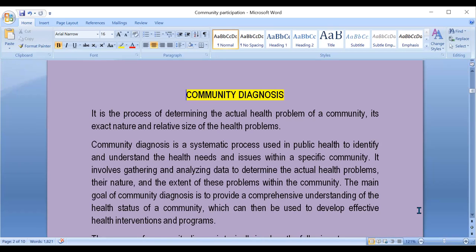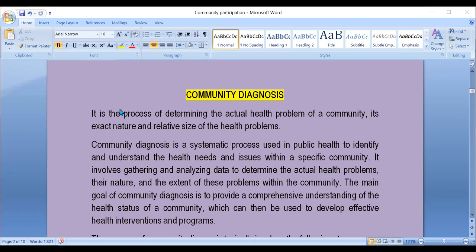It could be an infrastructural issue. It involves gathering and analyzing data to determine the actual health problems, the nature, and the extent of these problems within the community.